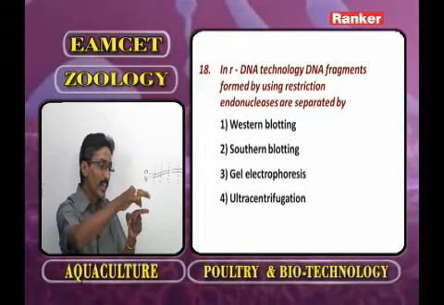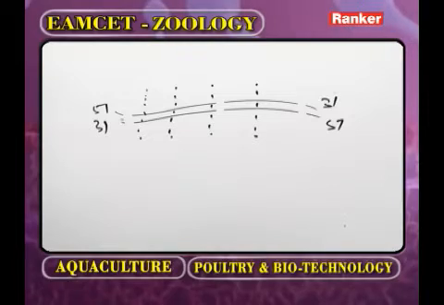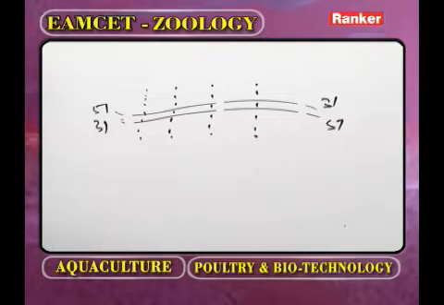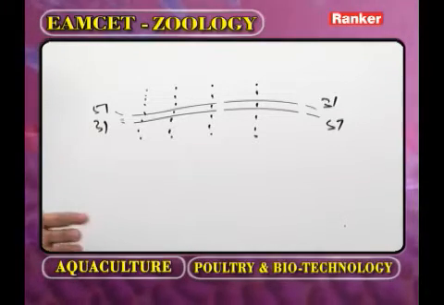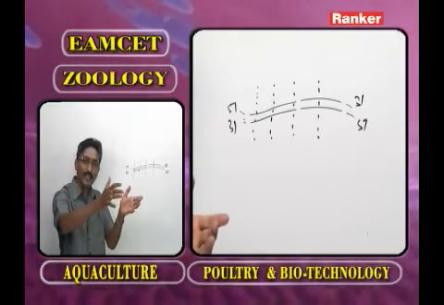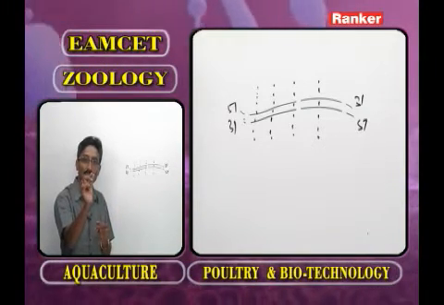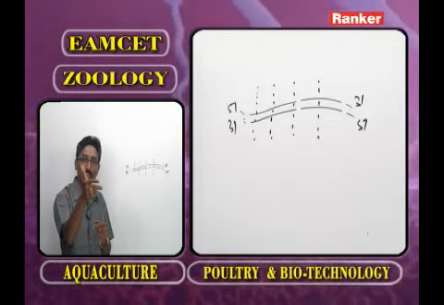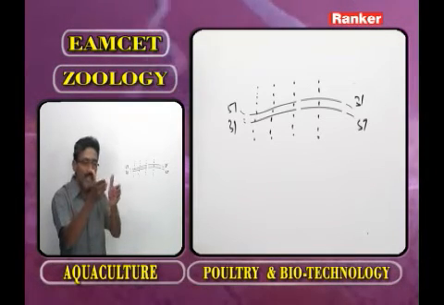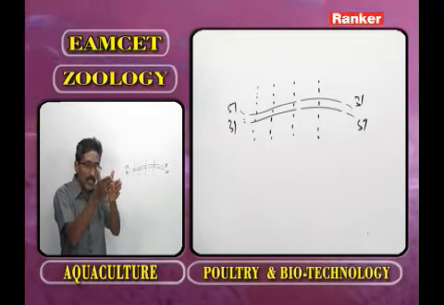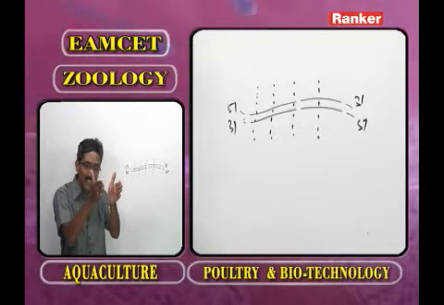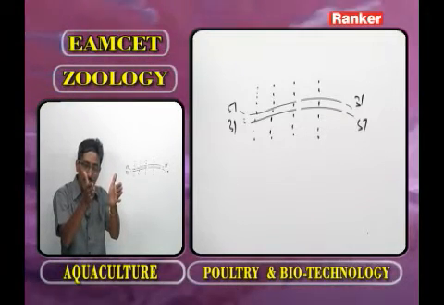The restriction endonuclease will cut or cleave the DNA strand in a palindrome sequence. After completing the process, the fragments are separated, smaller fragments and larger fragments. Smaller fragments have fewer base pairs, larger fragments have more base pairs.